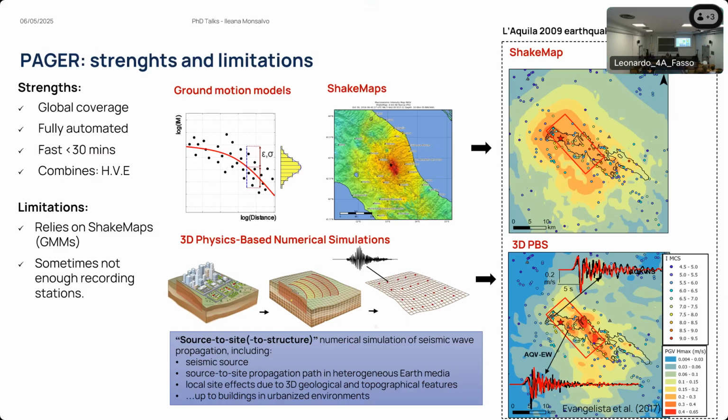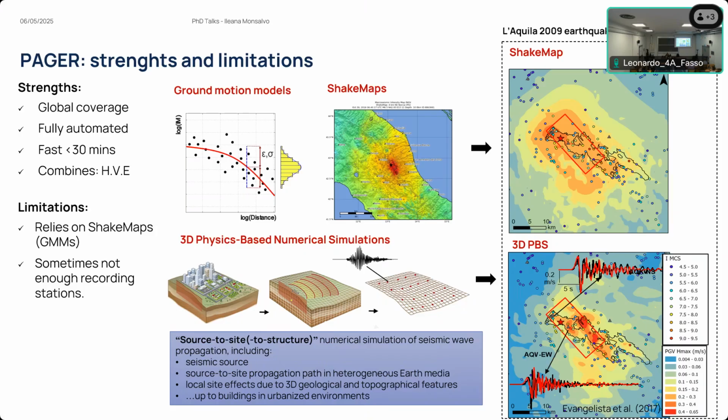Instead of relying on empirical methods, this approach numerically solves how waves propagate through the earth, and integrates realistic models from the seismic source, how the fault ruptures, to the propagation path, and also the local site conditions, so that we can obtain more accurate ground shaking estimations.